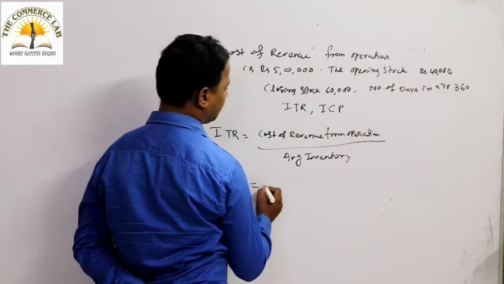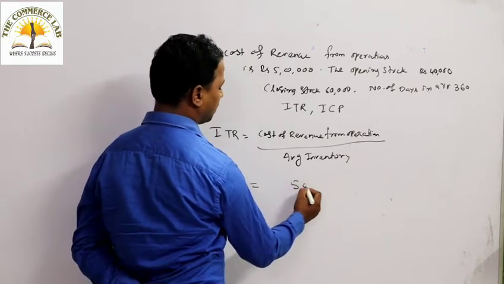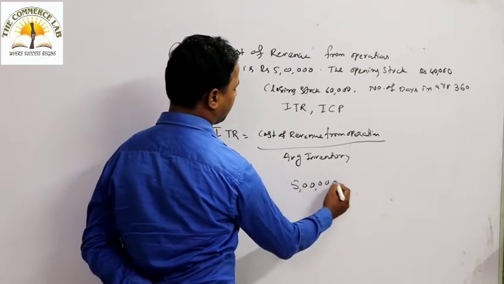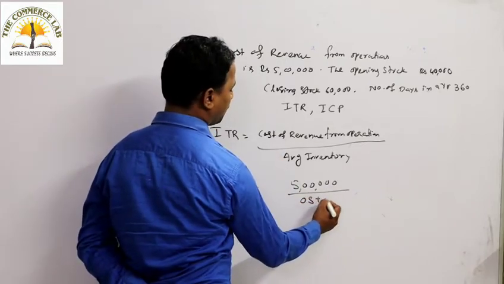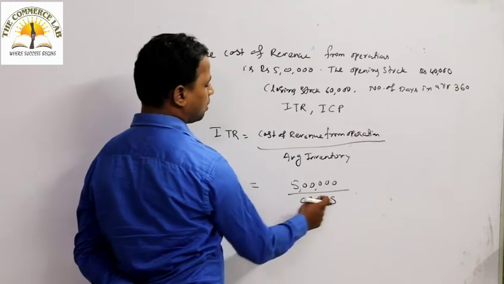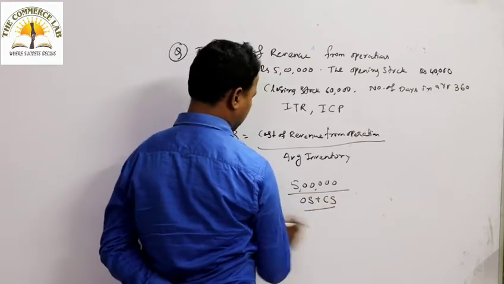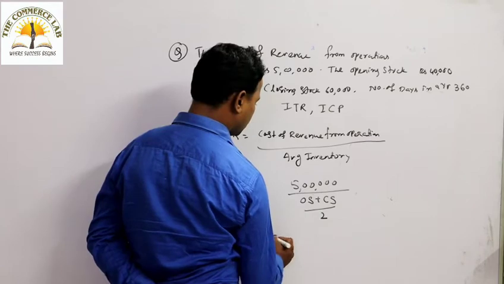The cost of revenue from operation given is 5 lakh, so you have to put 5 lakh. Average inventory is opening stock, that is stock at the beginning, plus closing stock at the end, divided by 2. So 5 lakh.